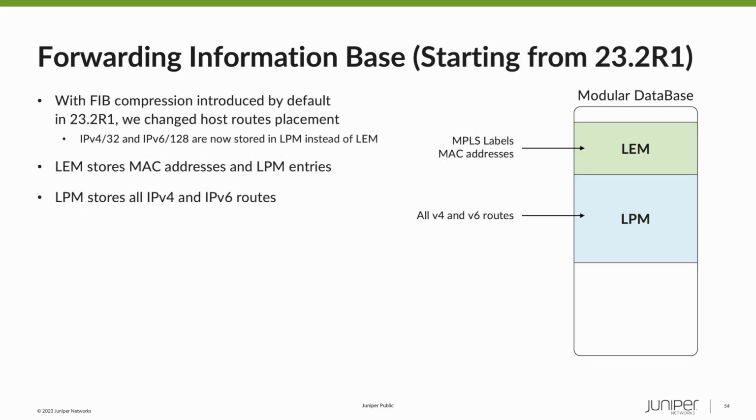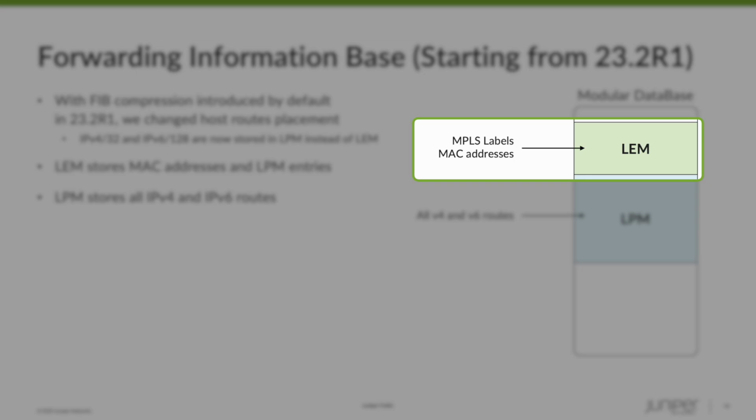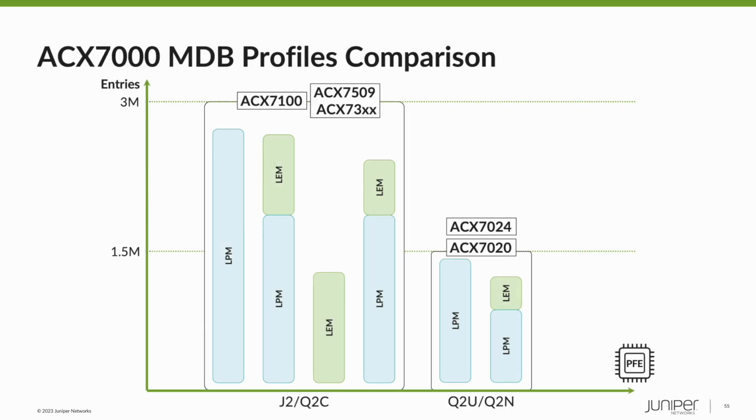Starting from 23.2, we are simplifying things, with all the routes, host or non-host, v4 and v6 going to LPM, and only MPLS labels and MAC addresses are stored in LEM. Just for information, we consider that an IPv6 route, on average, is twice the size of an IPv4 entry. That is something that you can verify on the internet.